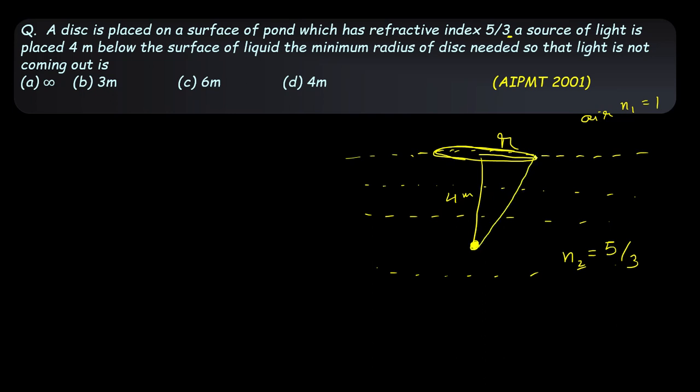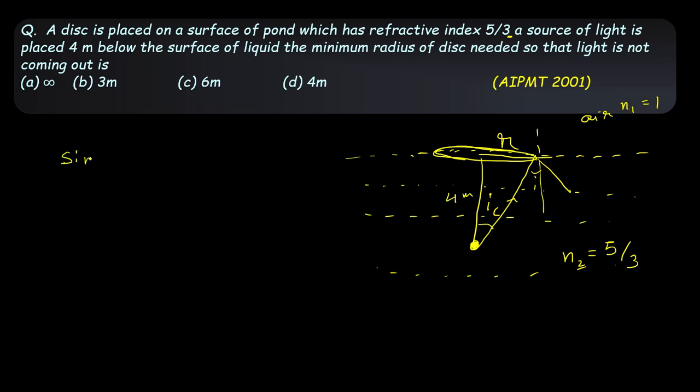Let's say this is one of the rays which touches the edge. Now if it does not go out, then it will suffer total internal reflection. For that, we need to find this angle. This angle and this angle are both the same, right? Now what is the value of this angle?